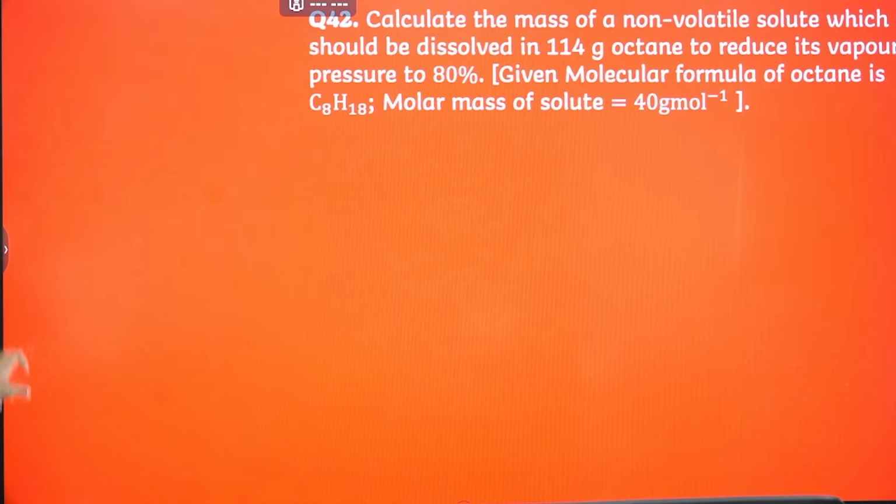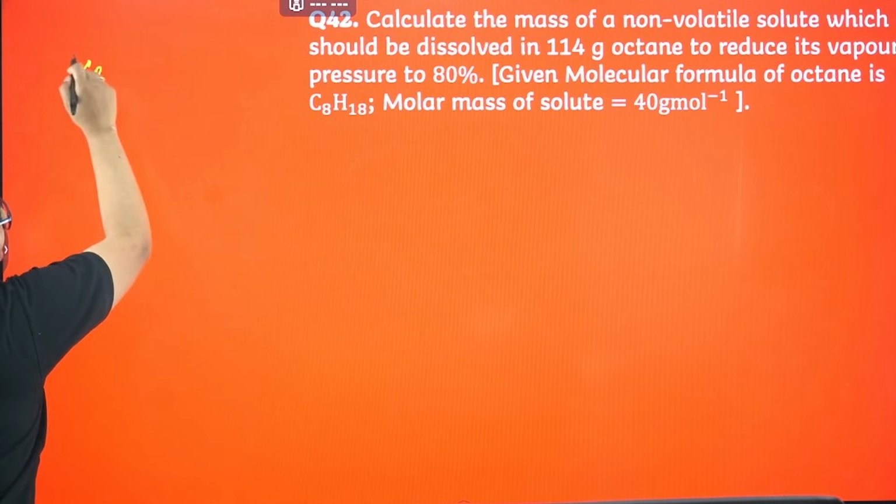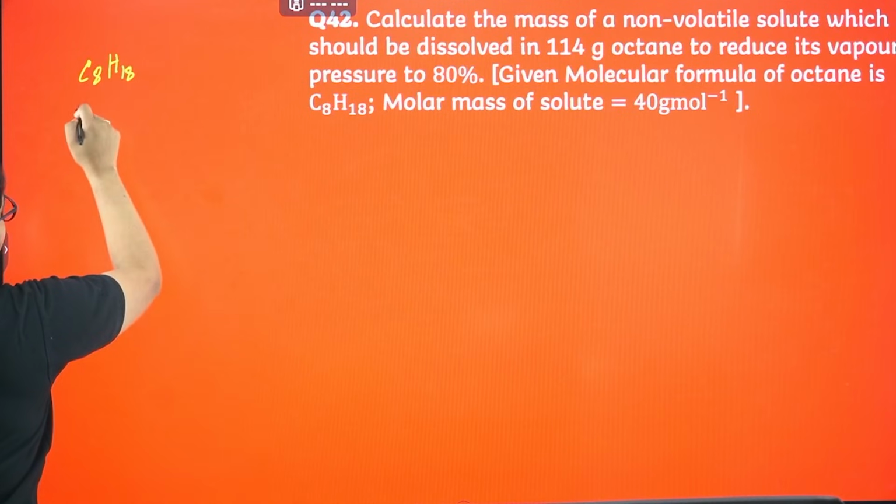Let's proceed further. Okay, calculate the mass of a non-volatile solute which should be dissolved in 114 gram octane to reduce its vapor pressure to 80%. Okay, let's do it. First, the molecular weight of octane. C8H18, right?